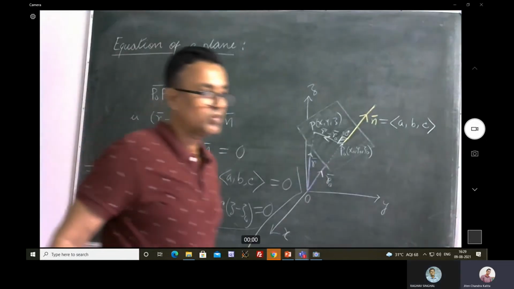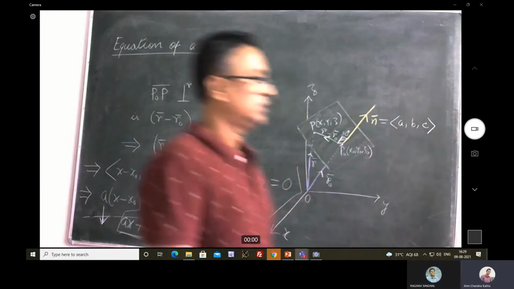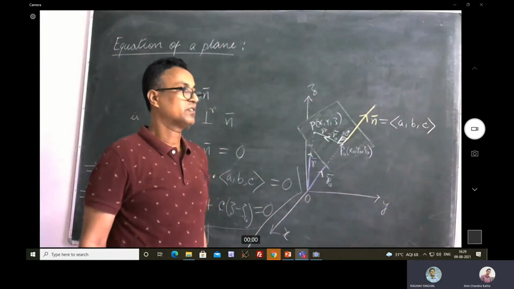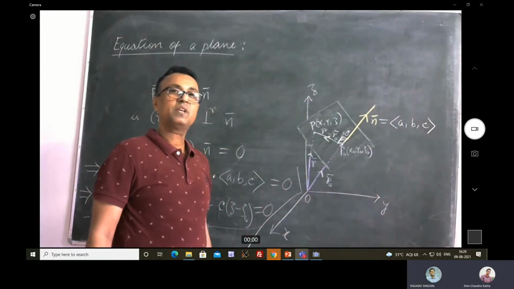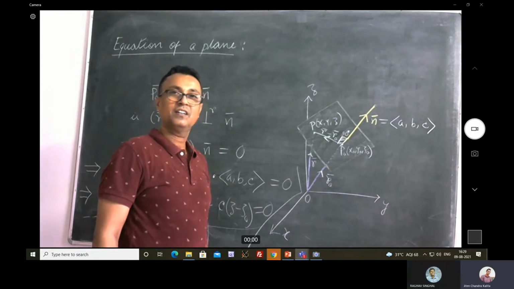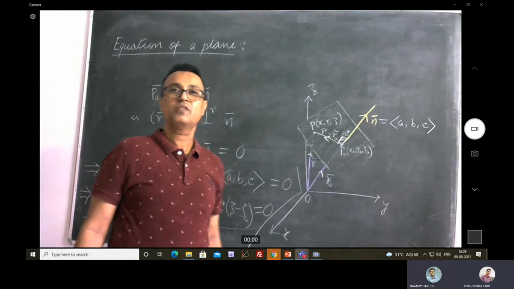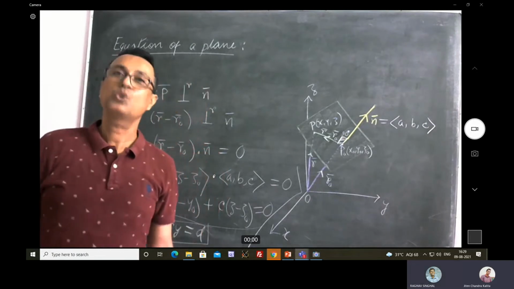So how do we go about it? Any idea? It is obvious. You simply draw normals to those two planes, and then the angle between those two normals is going to give you the angle between the two planes.